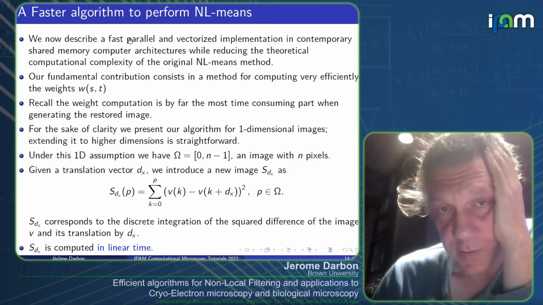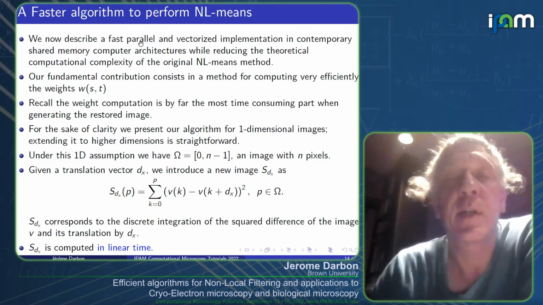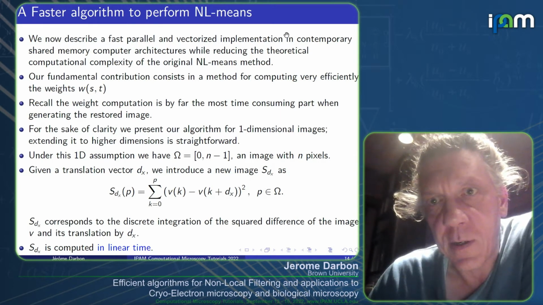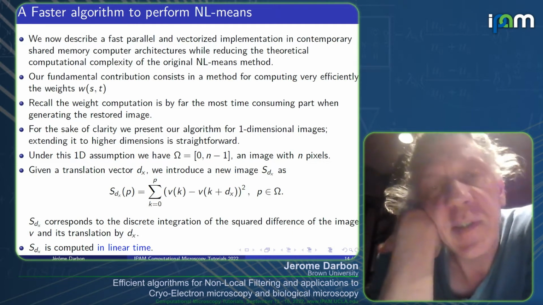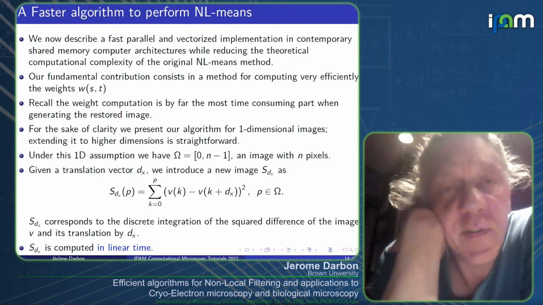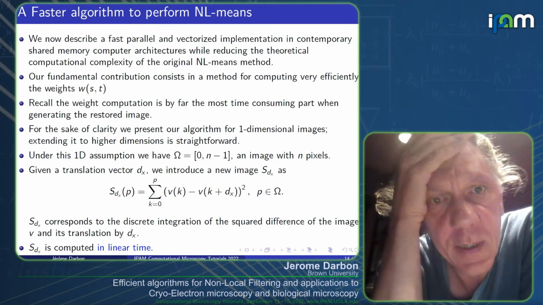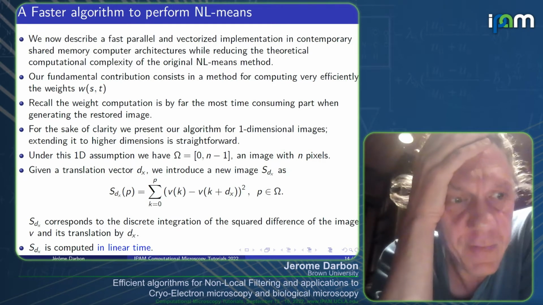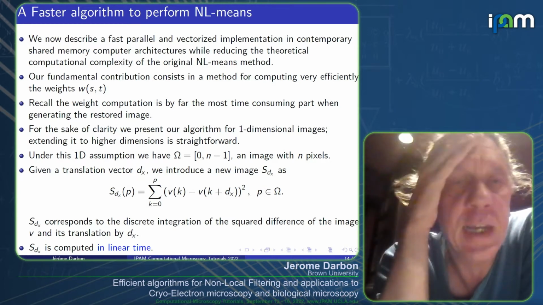The idea is to leverage the parallel capabilities of modern CPUs, and to also leverage what we call vectorization. It means on modern computers, if you need to add two arrays, modern processors are not taking the first entry of the first array and the first entry of the second array and computing the addition.